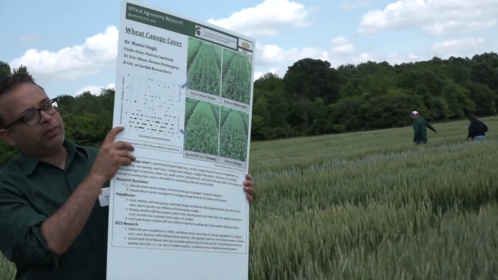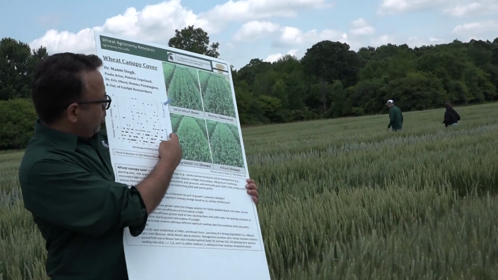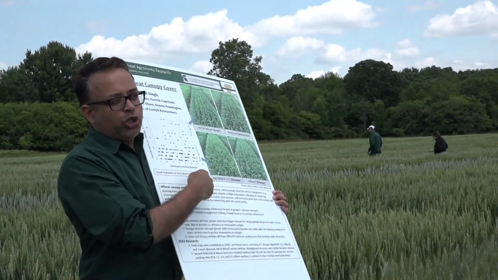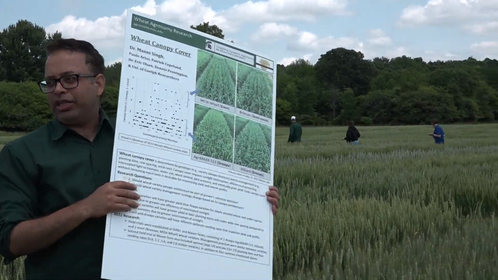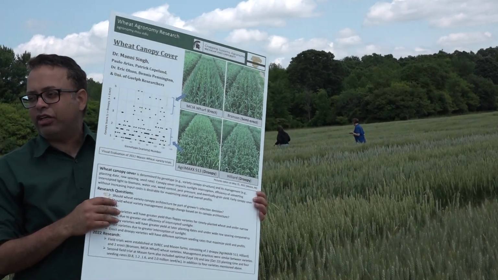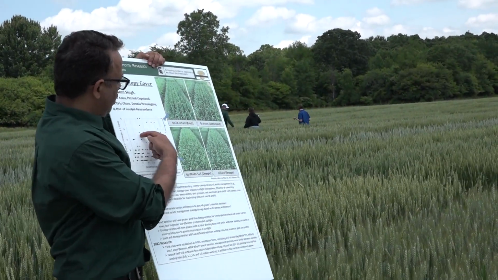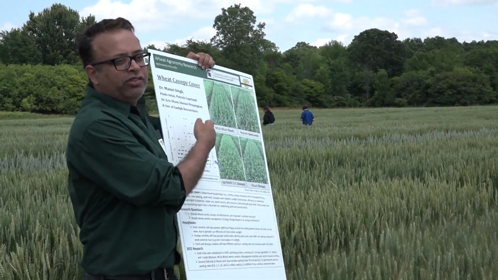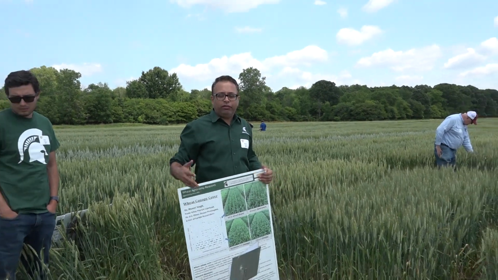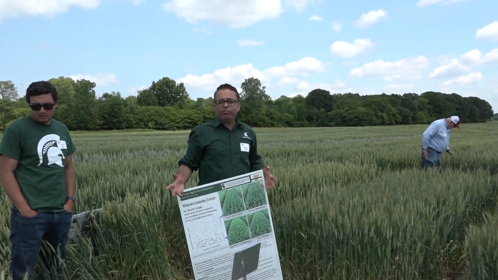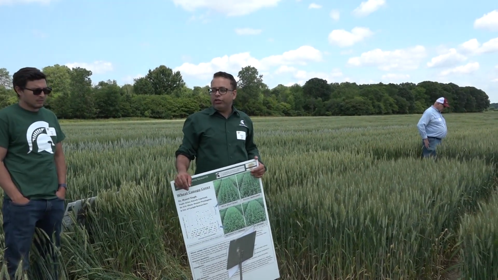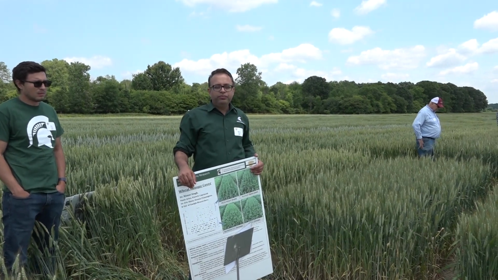If you look at the number of dots here, most of them are towards the bottom, showing that a lot of lines in a breeding program, and even in commercial testing, are these droopy types. So we're trying to see if there is something we can really do with these erect types and get to the bottom of that. And is narrow row something to keep an eye on as well?